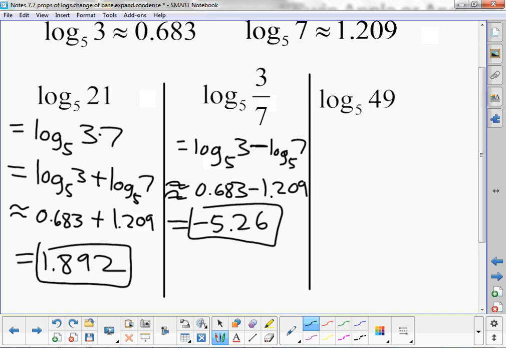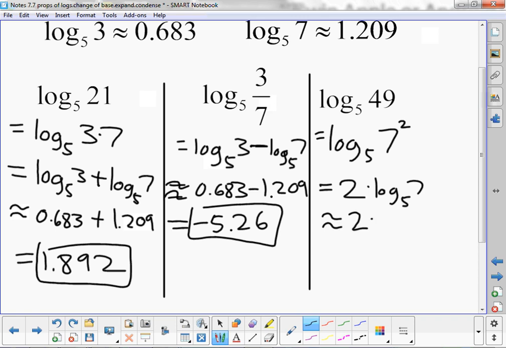And then log base 5 of 49. Remember, I want to try to get a 7 or a 3. 49 turns out to be 7 squared. Then you can use the power property, which gives 2 times log base 5 of 7. I know log base 5 of 7 is about 1.209, so this is equal to 2.418. Alrighty, and there you go.